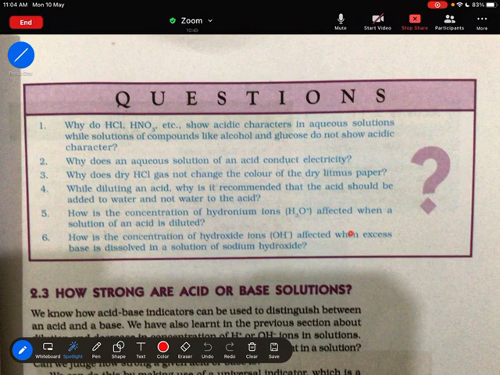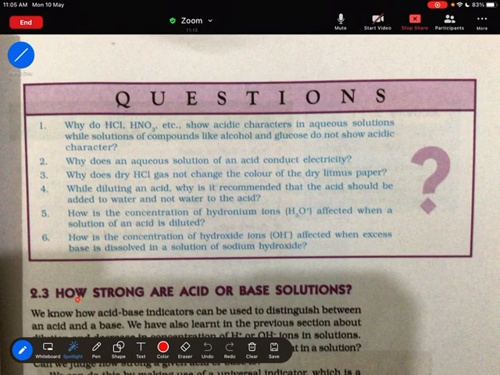If you add a little more base, the concentration of hydroxide ion will increase because you are adding excess base to that solution. So per unit volume, the number of OH- ions will be increasing.